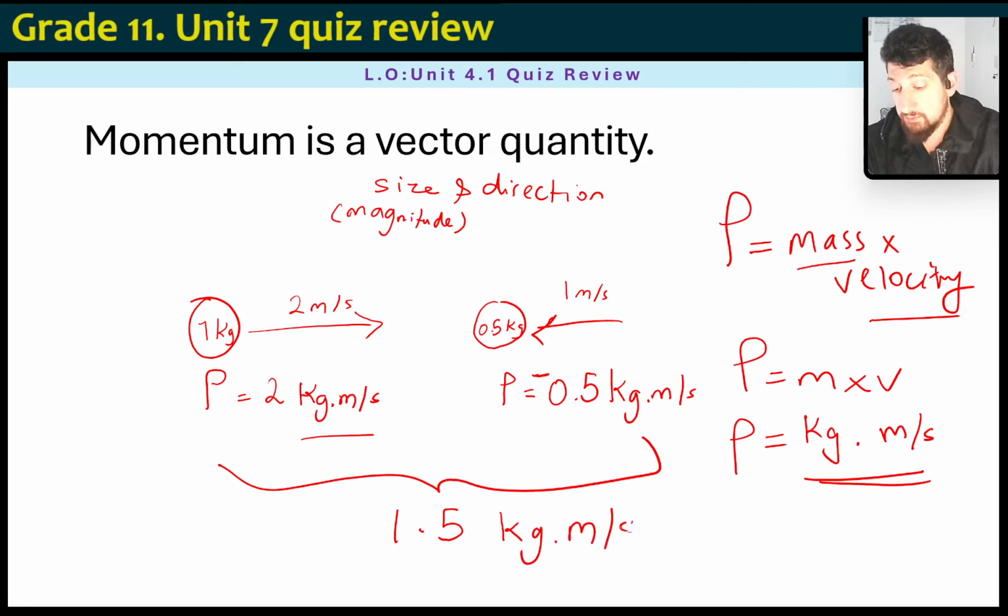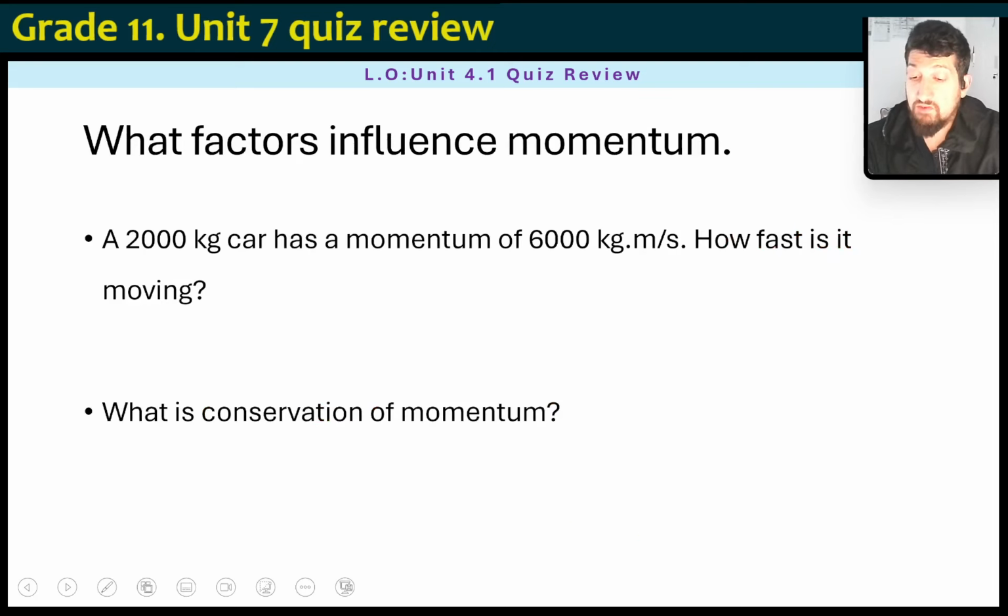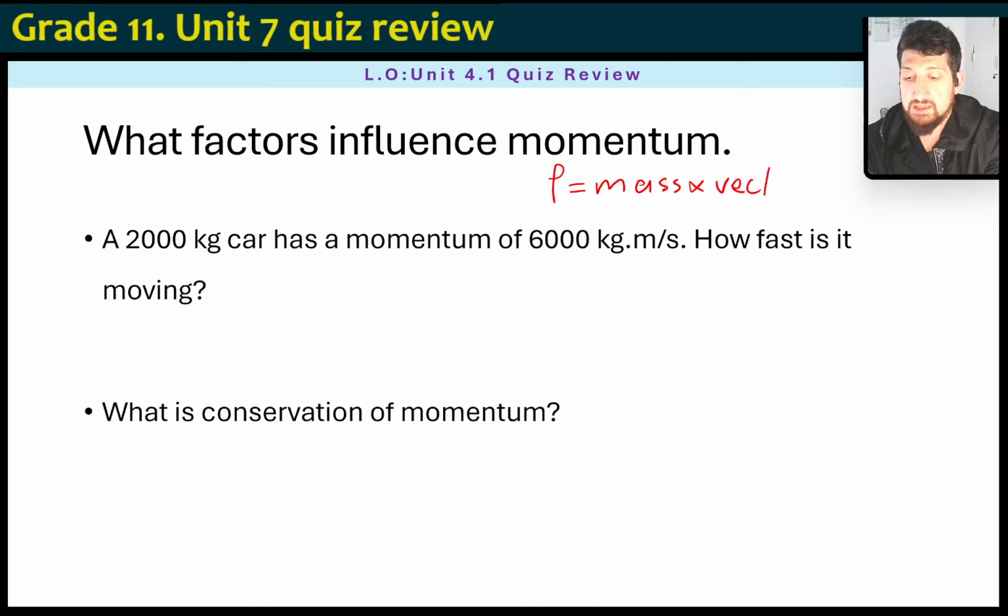Let's move on. What factors influence momentum? So we kind of answered this already. The factors that influence momentum are the ones inside the formula. So momentum is equal to mass times velocity. That means I'm not worried about energy.